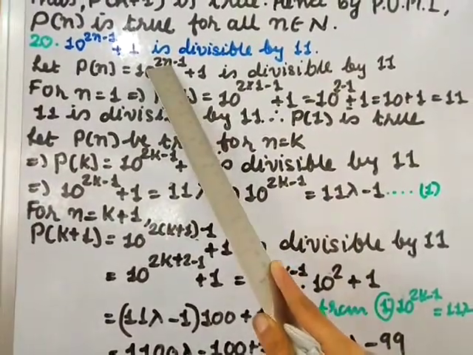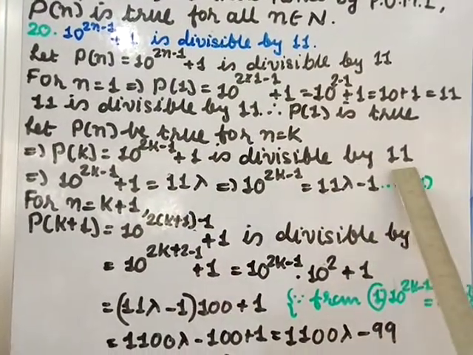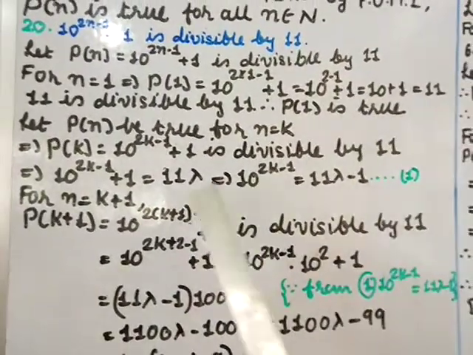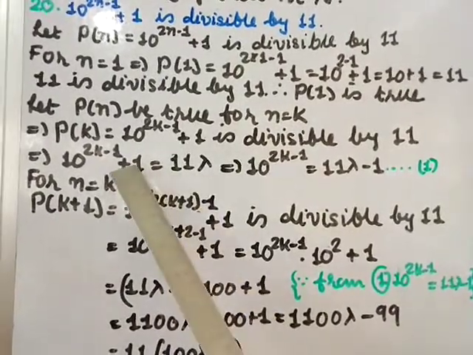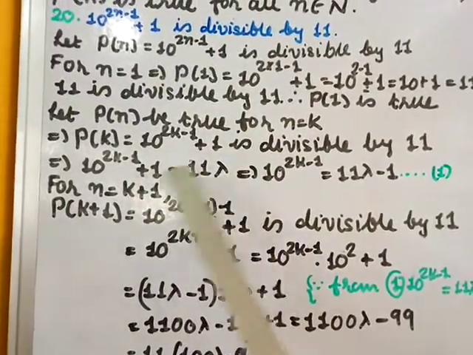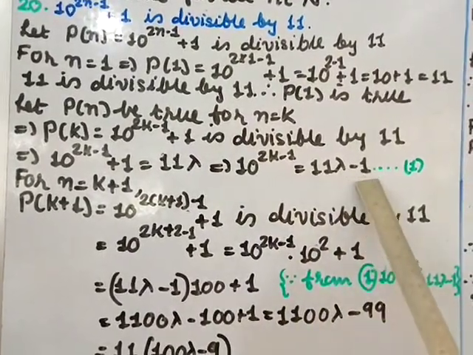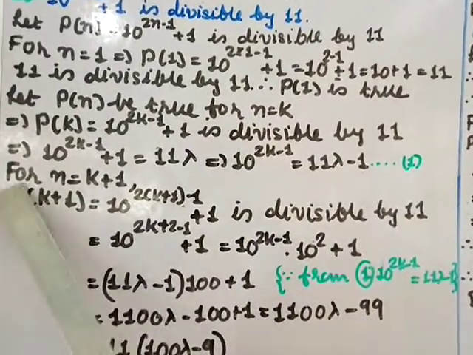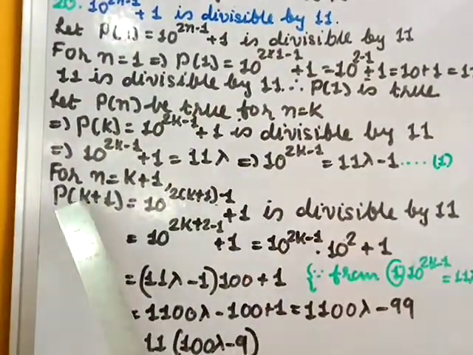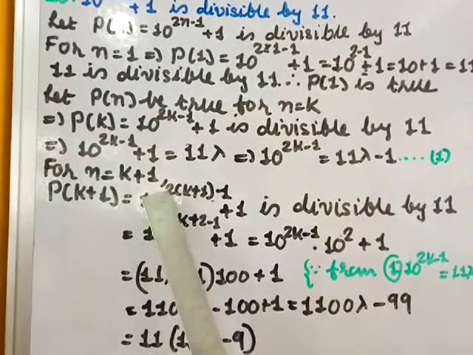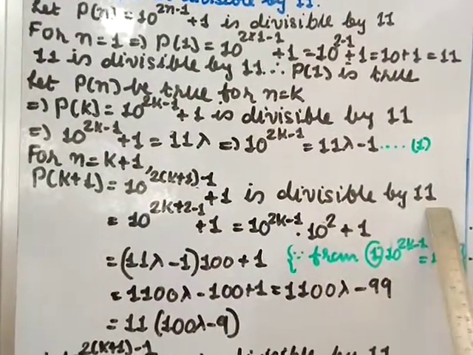Let Pn be true for n equal to k. So now instead of n put k. So Pk is equal to 10 power 2k minus 1 plus 1 is divisible by 11. This means you can write mathematically 10 power 2k minus 1 plus 1 equal to 11 lambda. Plus 1 transfers over here and becomes minus, so you get 10 power 2k minus 1 equal to 11 lambda minus 1, call it equation 1. Now for n equal to k plus 1, instead of n you put k plus 1, so you get Pk plus 1 equal to 10 power 2 into k plus 1 minus 1 plus 1 is divisible by 11.